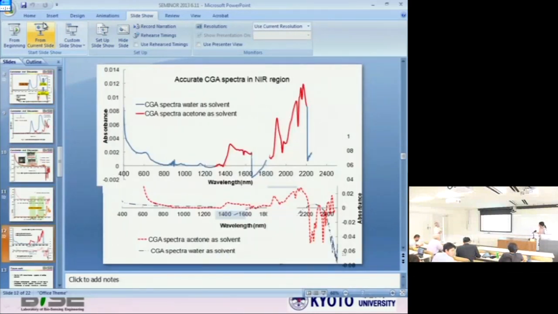In this one here, between 1,400 and 1,600, is a zone where there is minimal interference. Why don't you just do your analysis in that wavelength only? I haven't tried. Maybe I should try.